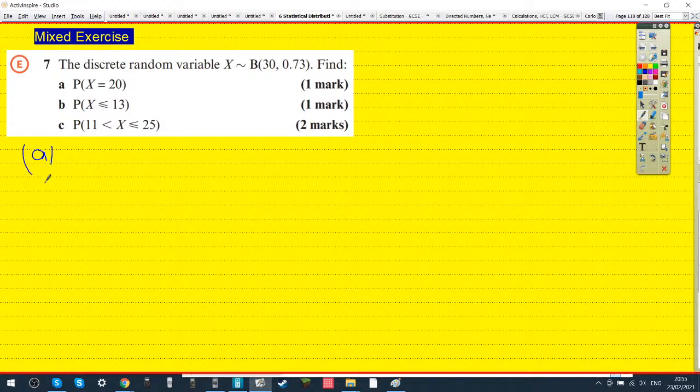So for this, the lower and the upper will be 20. The mean will be 30, and the probability will be 0.73, which gives you 0.114. How about C?